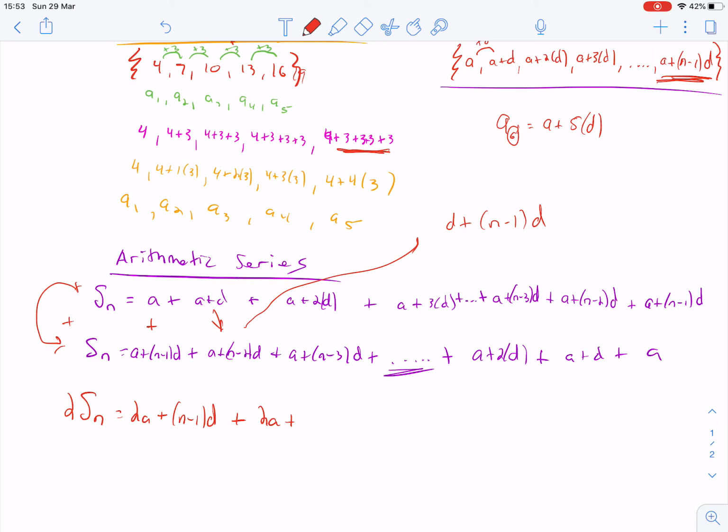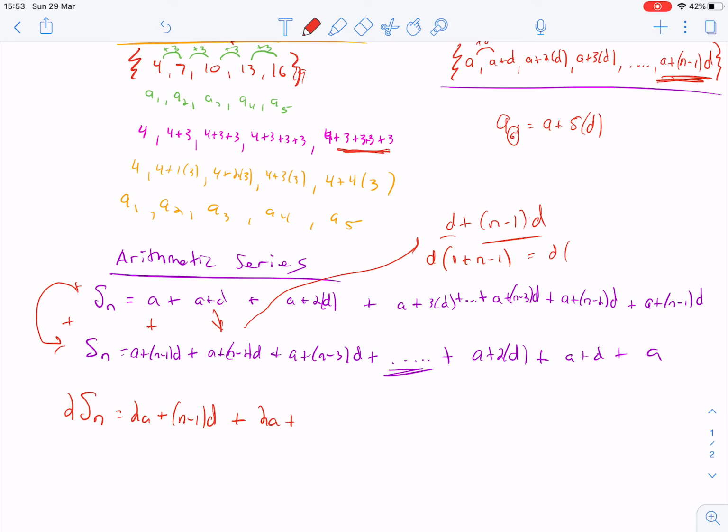So I don't know if you remember, but if we have two terms that are the same in a multiplication problem and we're working with an addition, we can factor out a d. And then when we factor out a d, we get 1 plus n minus 1. And what is 1 plus n minus 1?